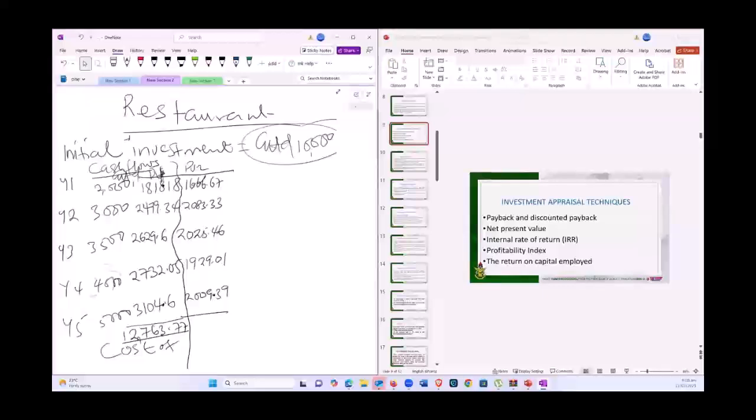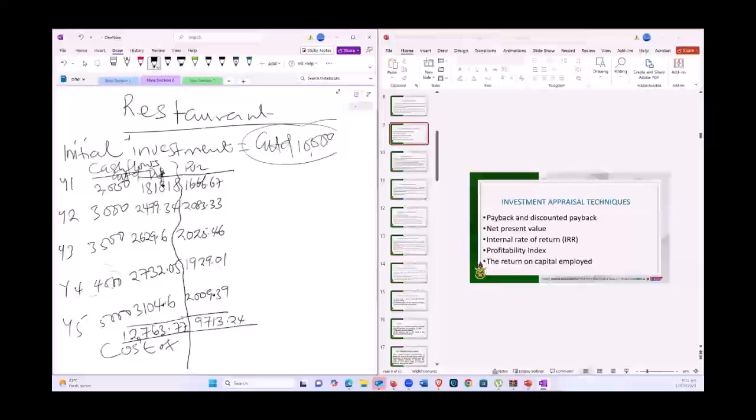It is 9,713.24. So that's the total present value, right? We are here to get our NPV. This is the total present value. When you subtract the initial investment from the total present value, that's where you get your NPV.